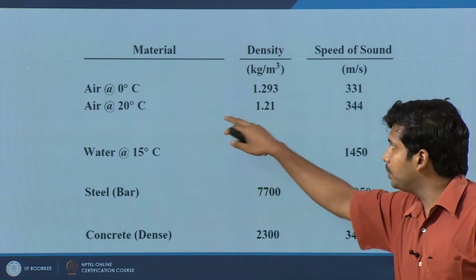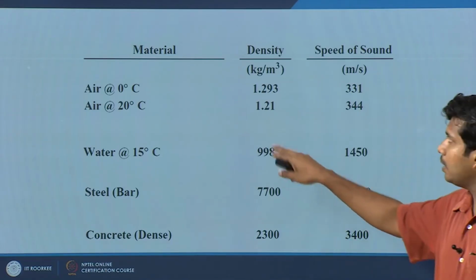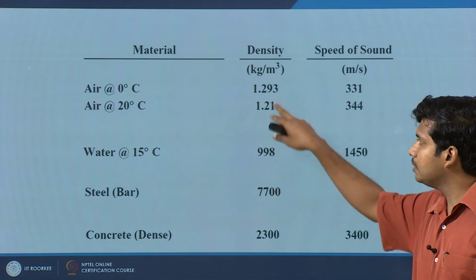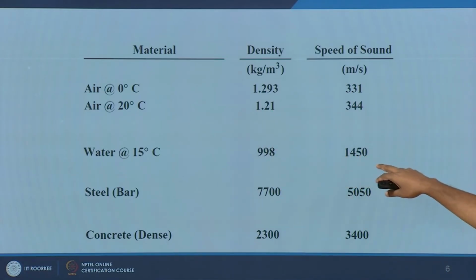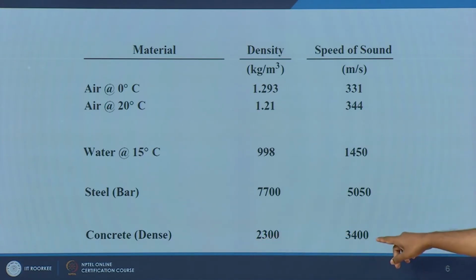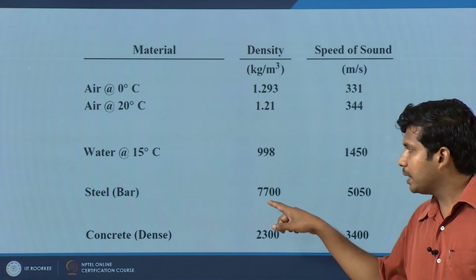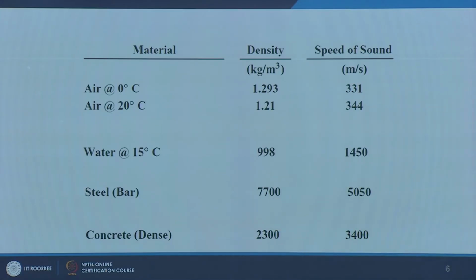As you increase the temperature further, the speed of sound slightly goes up. Water, the density is different, it is higher. With higher density, the speed of sound increases. Take a material like concrete, 2300 kg per meter cube. The velocity of sound is much higher than what you see in air. A dense material like metal, a steel bar with a high density, then the speed of sound is really high.